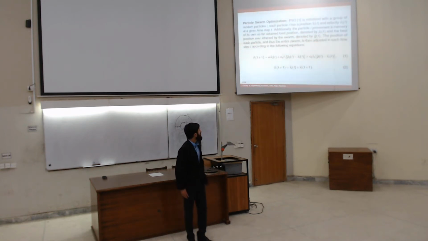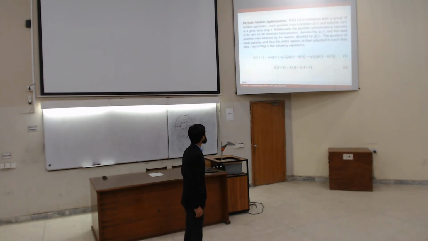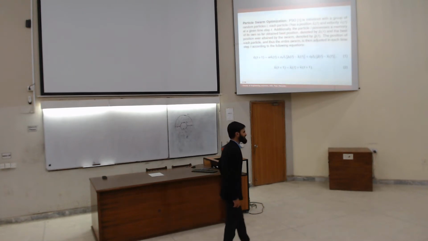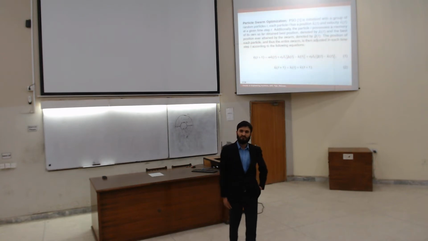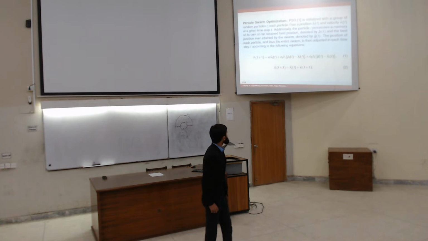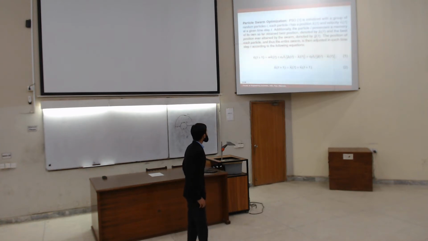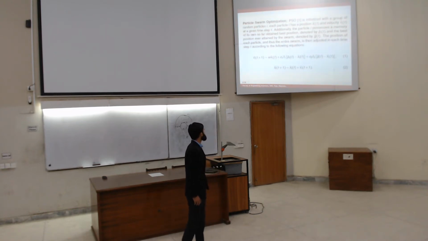The next is the optimization technique, particle swarm optimization. Basically, this optimization technique is a population-based technique inspired by the social behavior of birds, flocks, or schooling fish. So PSO is initialized with a group of random particles. Each particle i has a position as well as a velocity at a given time step t.